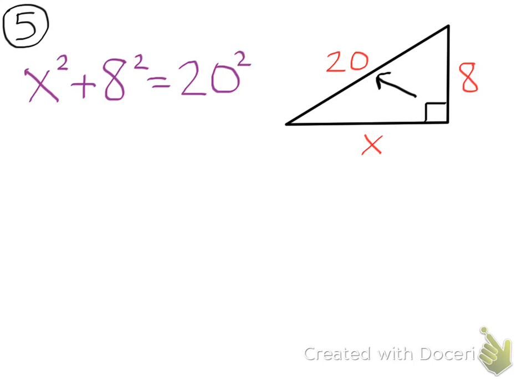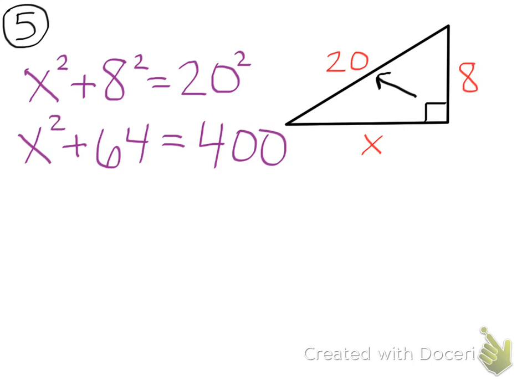And then we're just going to simplify this. So 8 squared is going to be 64, and then 20 squared is 400. And then we still have our x squared on the left side. And then how do we get x squared by itself? We need to get rid of that 64 on both sides. So we're going to subtract 64 on both sides.